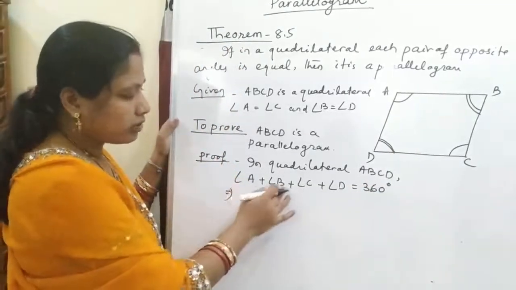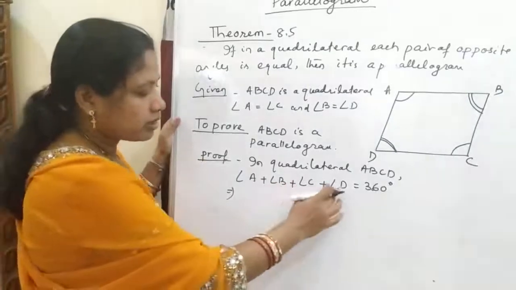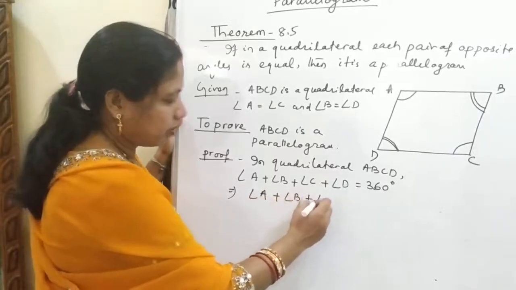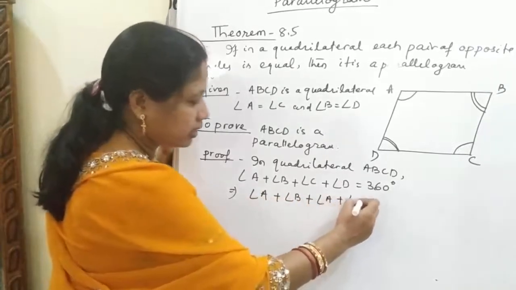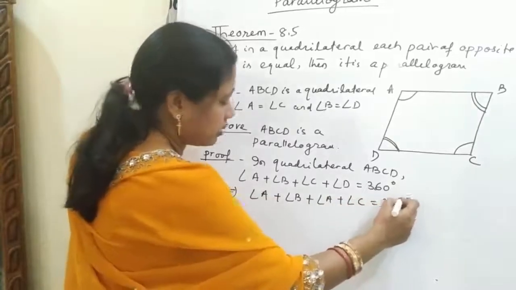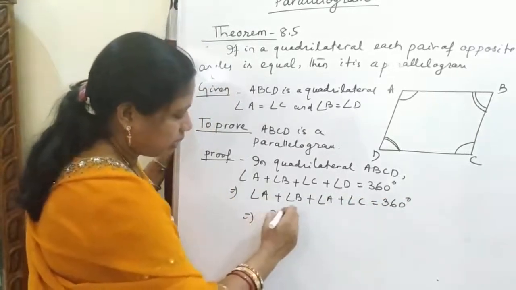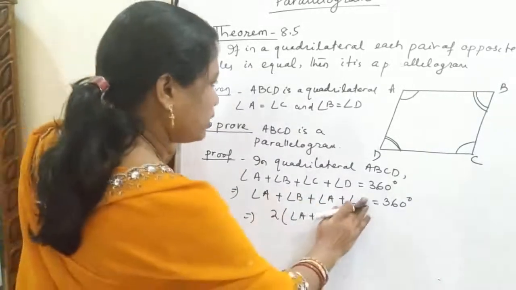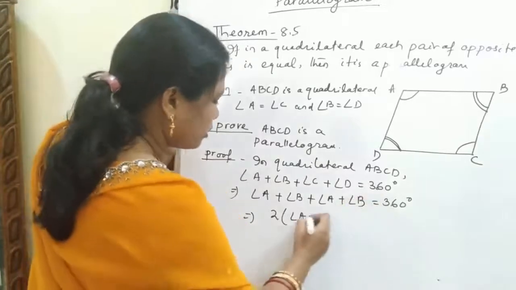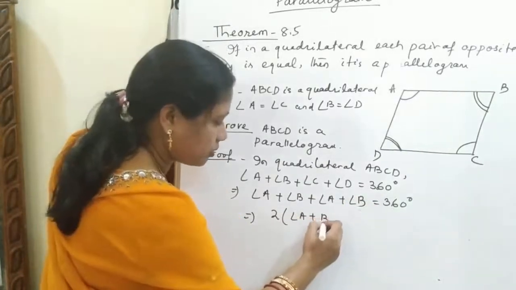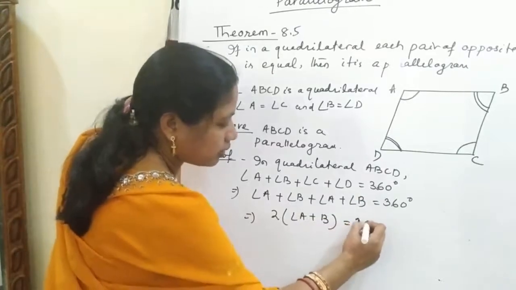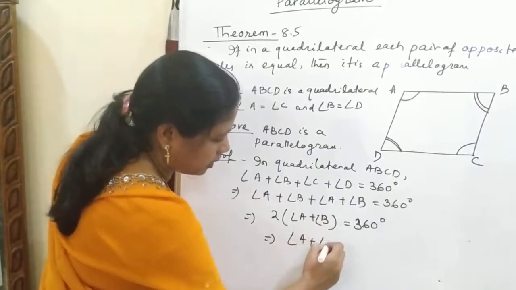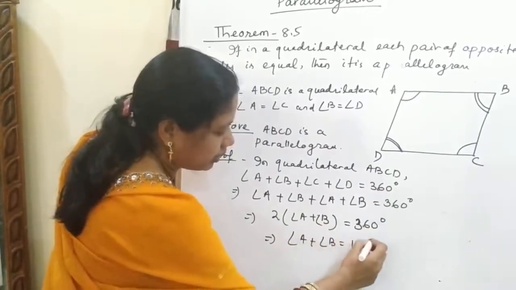But angle A is equal to angle C and angle D is equal to angle B. So twice angle A plus angle B is equal to 360 degrees. This implies angle A plus angle B is equal to 180 degrees.